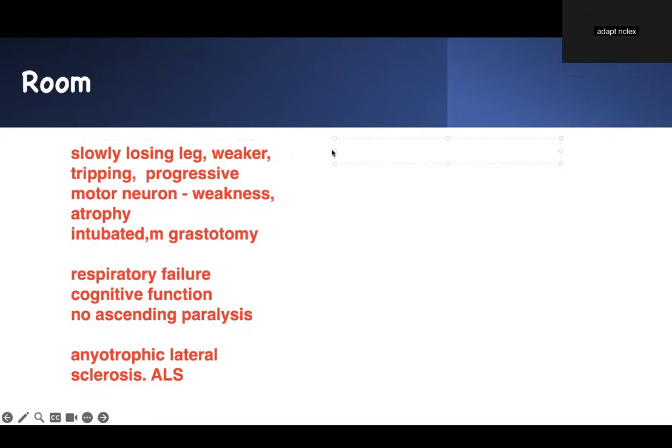The next neighbor in the same room is an older lady, a 70-year-old female. She's confused and forgetful.